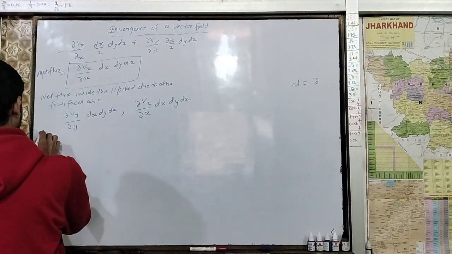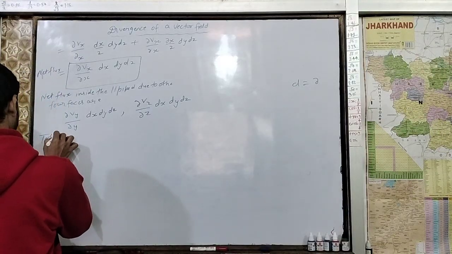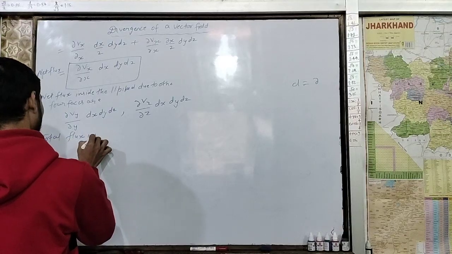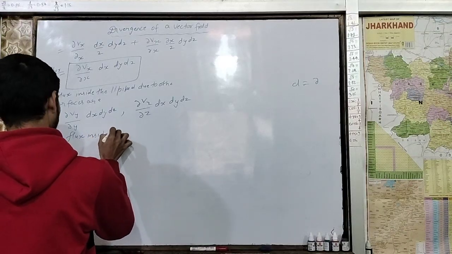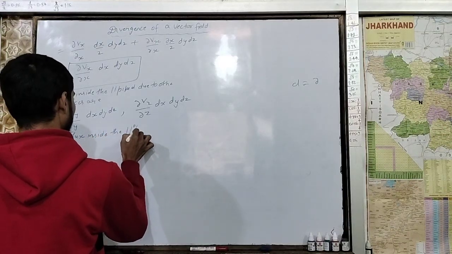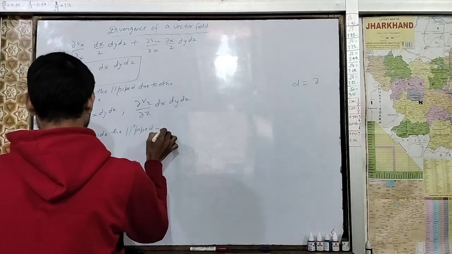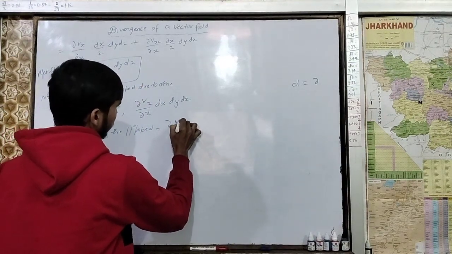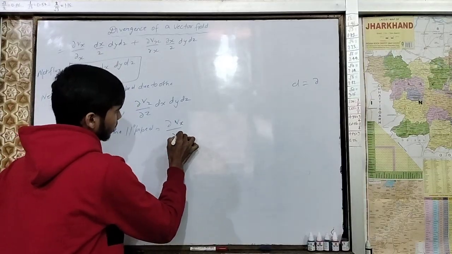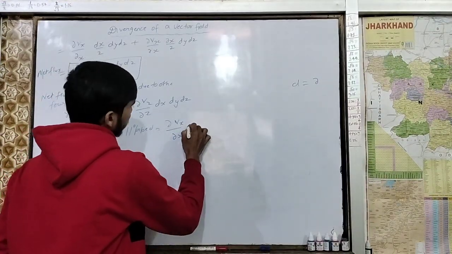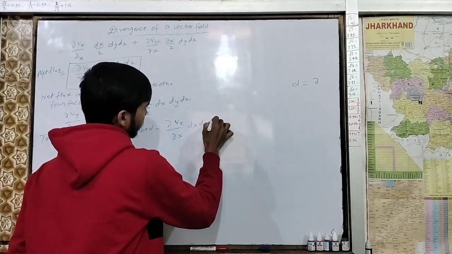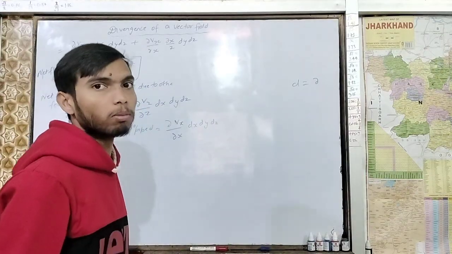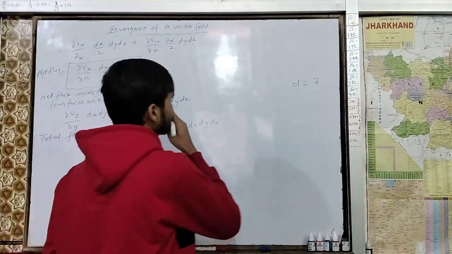So finally you can write the total flux inside the parallelepiped is equal to ∂vx/∂x dx dy dz. This is the value of a volume, dV.